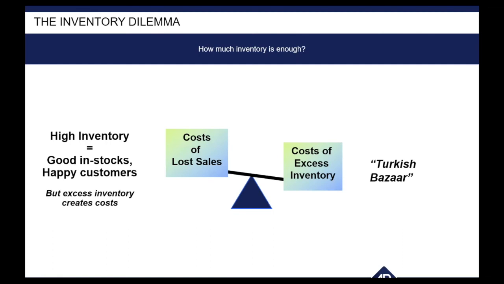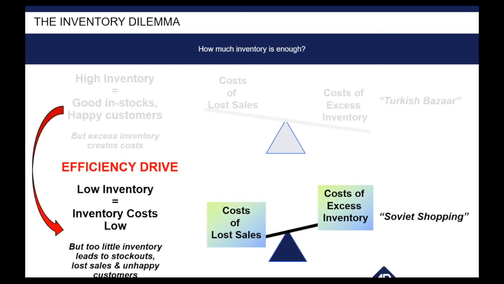When the balance is skewed toward too much inventory, it's the Turkish bazaar situation. Conversely, when the retailer engages in an efficiency drive, because maybe the CFO is screaming louder that time of the year, then inventory lightens up, but then the service level suffers.